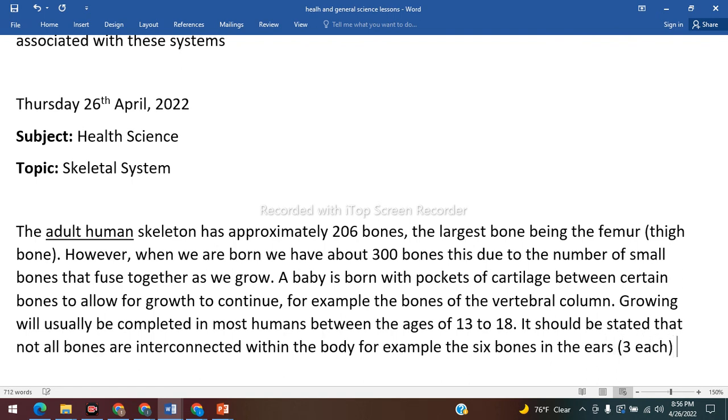Or the hyoid bone that's located in the throat, which serves.